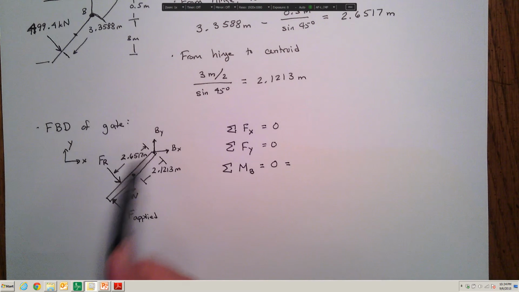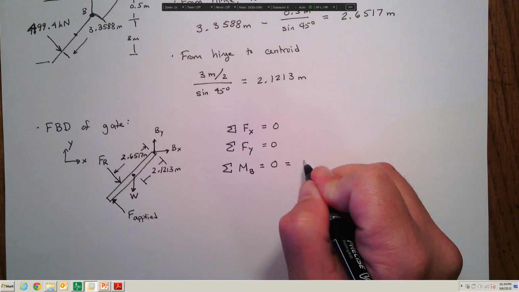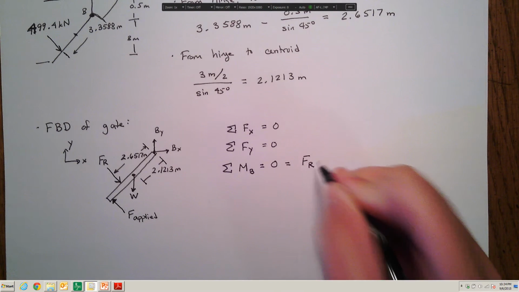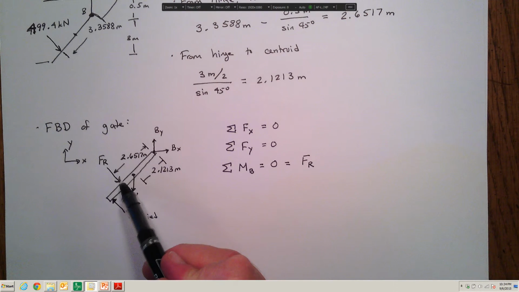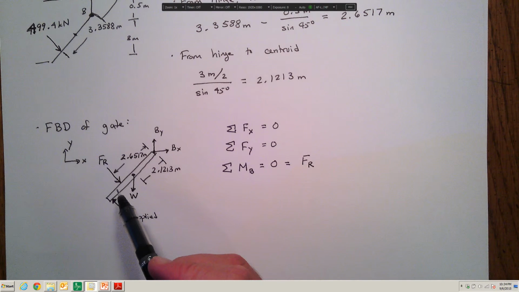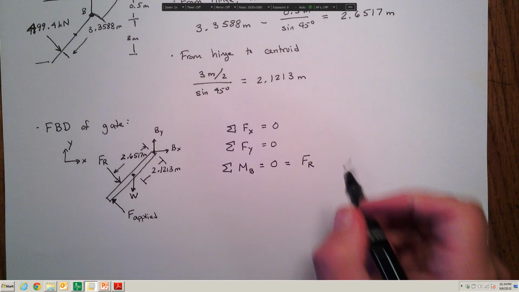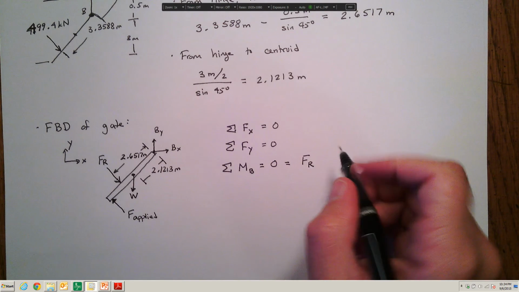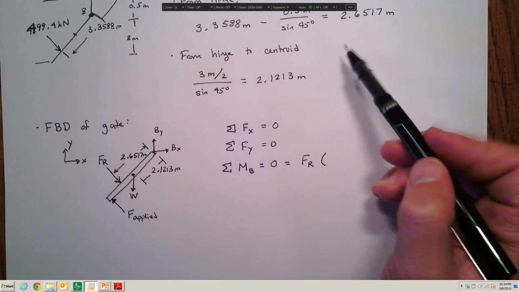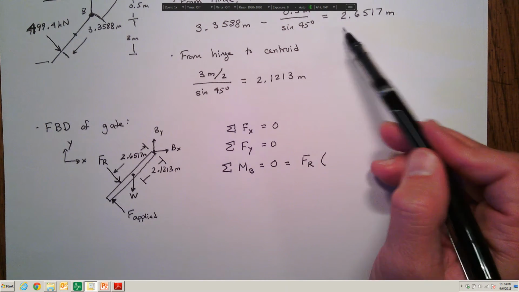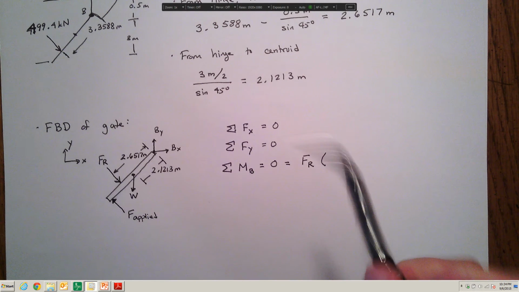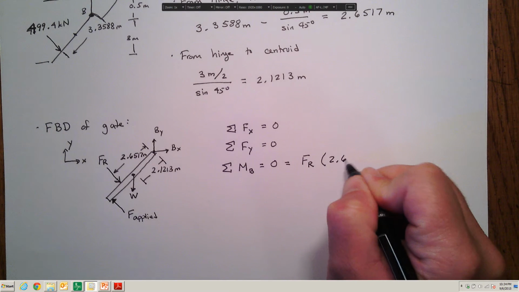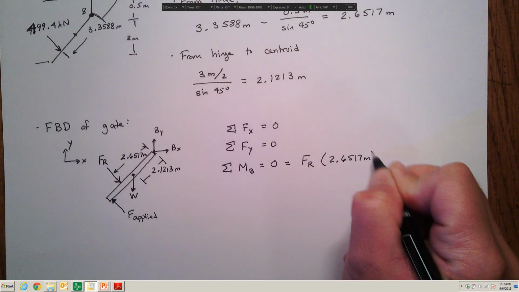Now looking at my free body diagram here, I can say that the moment generated by the force resulting from the hydrostatic pressure is equal to Fr times the distance to the location where the force acts if we sum about point B. So that's going to be our 2.6517 meters.